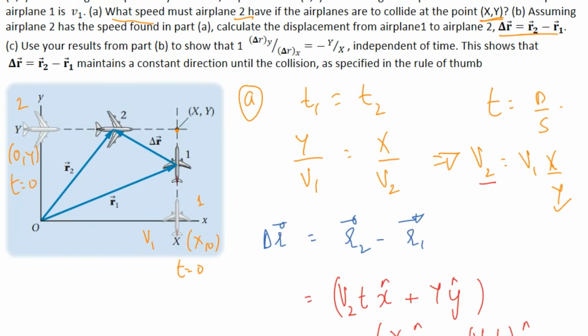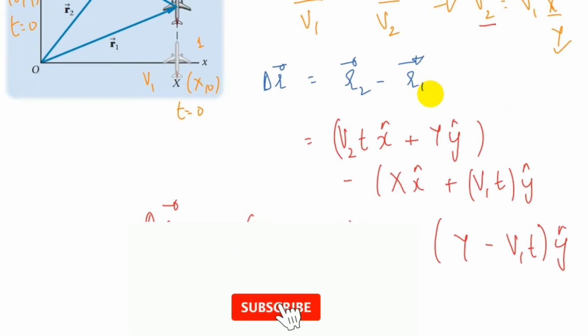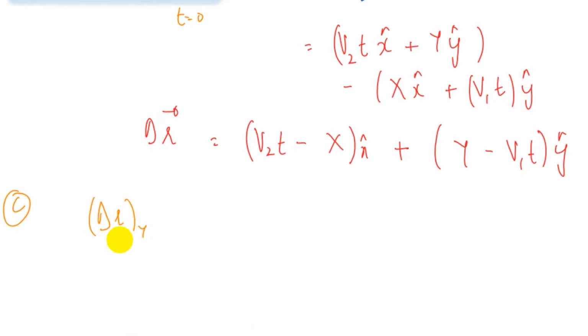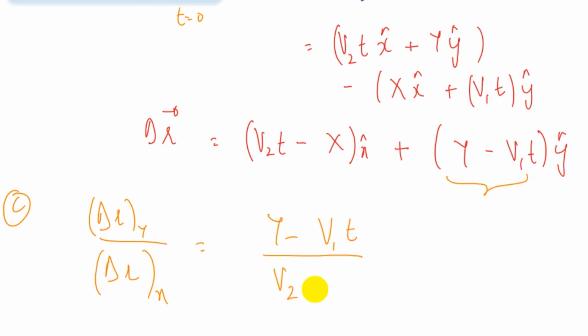Next, in the C part, we have to use the results from the B part to show that this equals this. Basically we have to take the ratio of the y component over the x component. So delta r y component divided by delta r x component: y minus v1 times t, divided by v2 times t minus x.